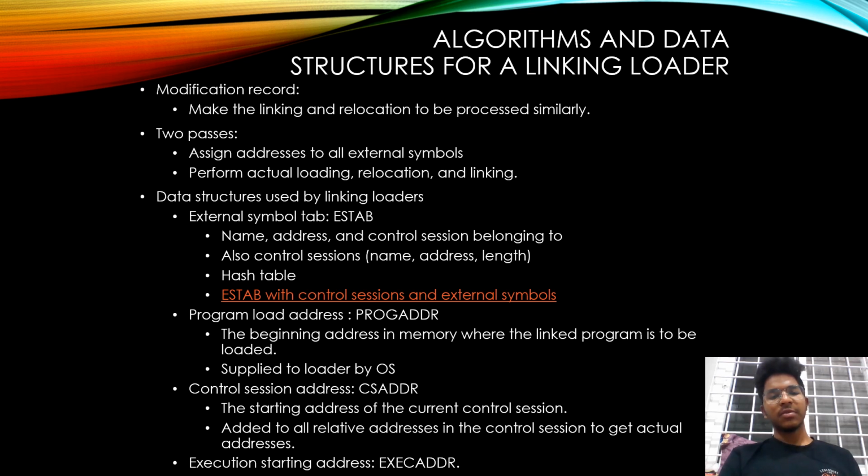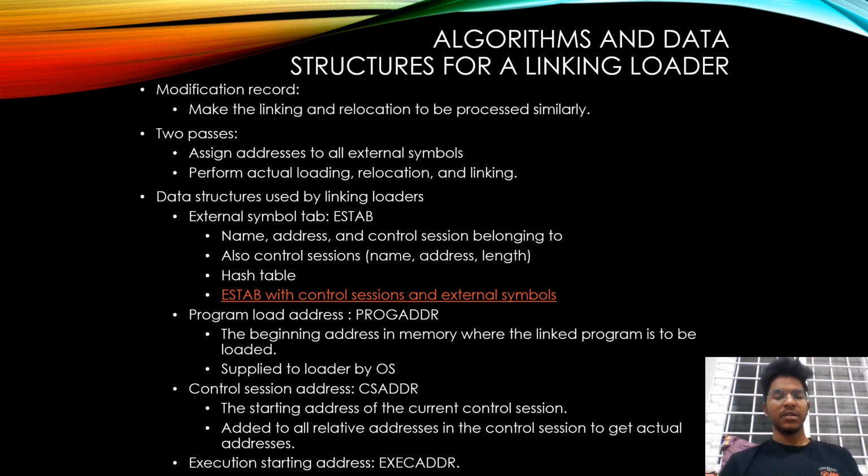The data structures used by the linking loader: the external symbol table, with name, address, and the control section it belongs to, also the control section's name, address, and length, organized as a hash table. Program load address, PROGADDR, is the beginning address in memory where the linked program is to be loaded, supplied to the loader by the OS.